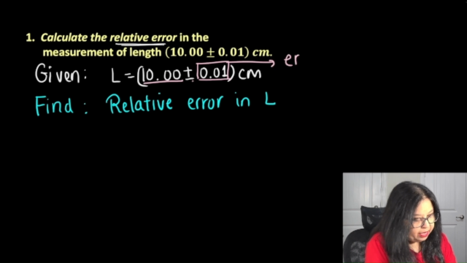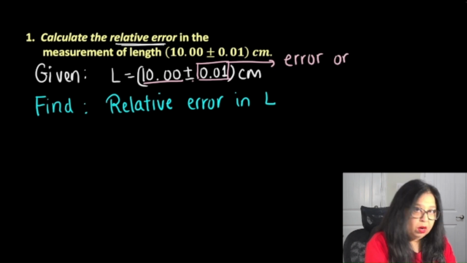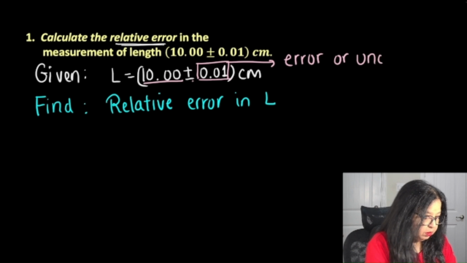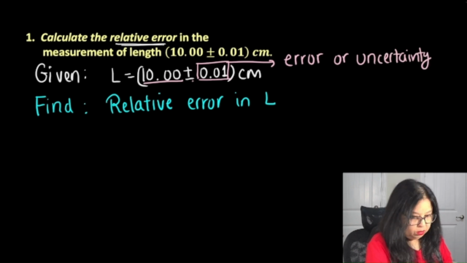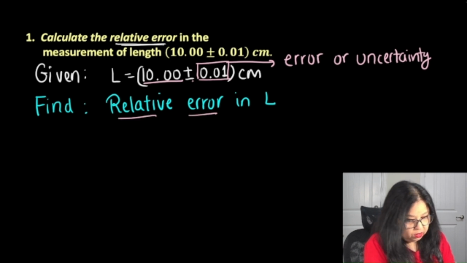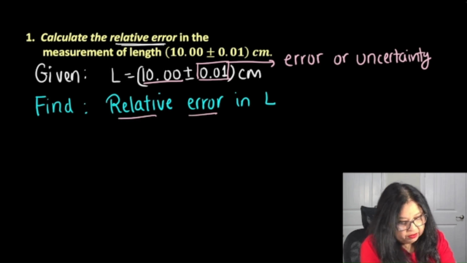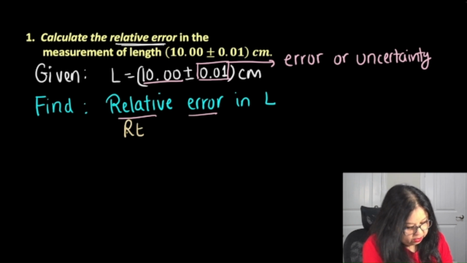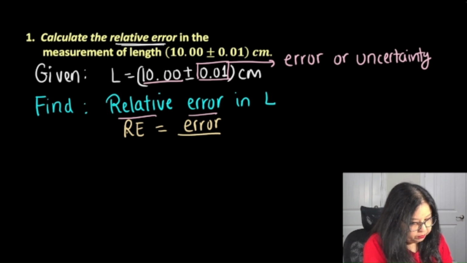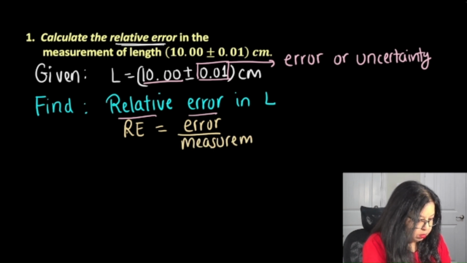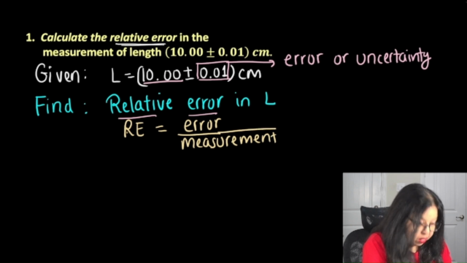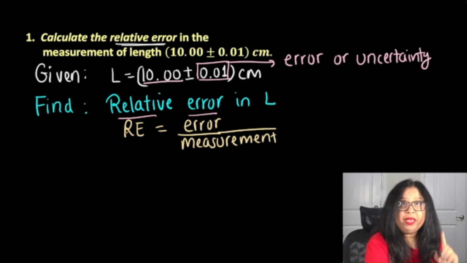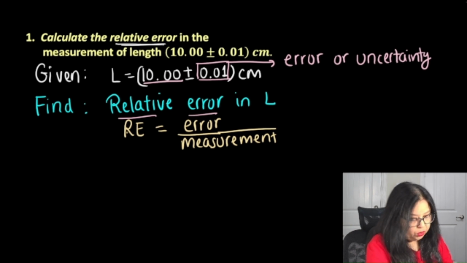This is called error or uncertainty. Relative error, what is the formula for relative error? It is defined as the error divided by the measurement. Okay, it may not make sense yet, but it will make sense in a minute, I promise.